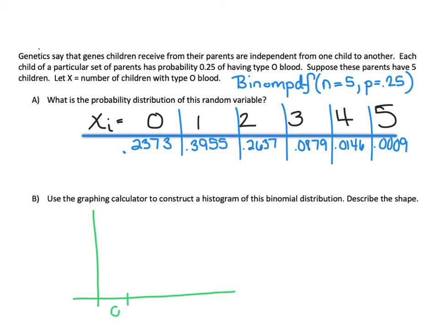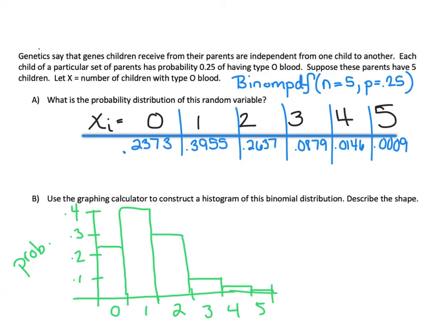And so we have 0, 1, 2, 3, 4, and 5 children having type O blood, and we would put our probabilities on the y-axis. So I'm going to say 1/10, 2/10, 3/10, and my highest is 0.3955, so 4/10, and then you're doing a bar for each of these, 0.2373.